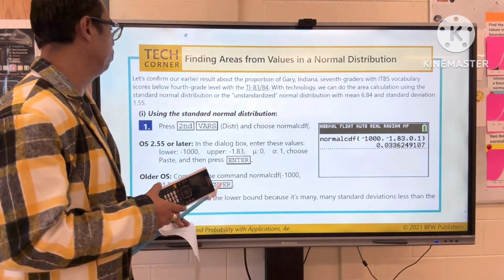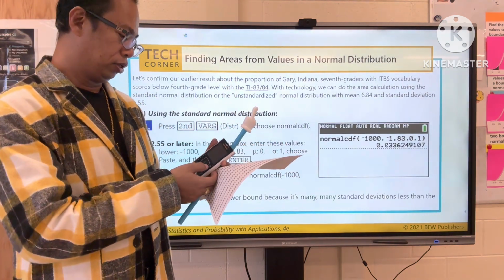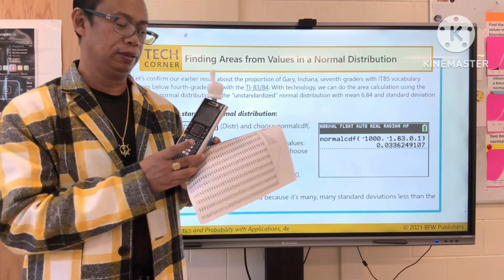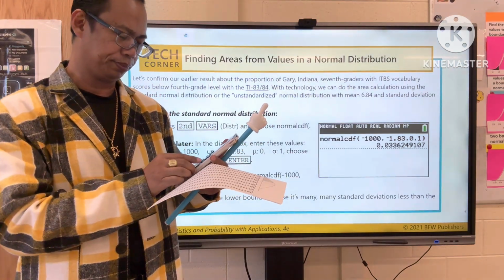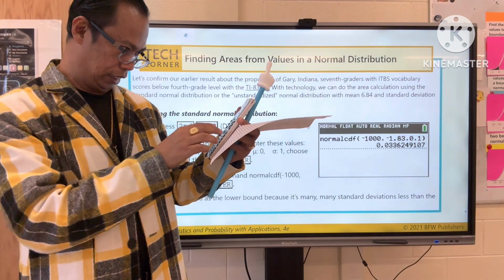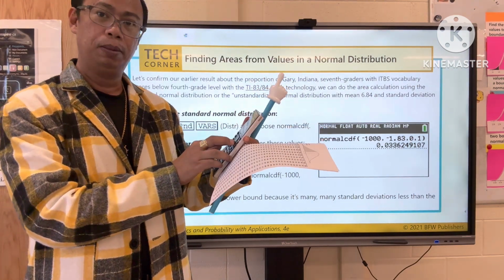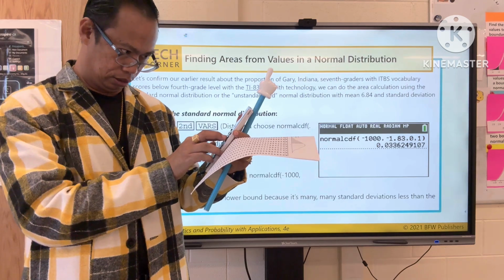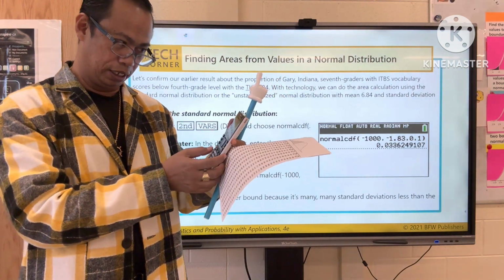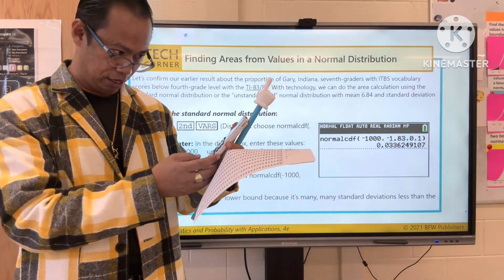So from the calculator, what you are going to do is, of course, you need to open your calculator first, and then go to the menu. Just press the menu, okay, and then go to probability, and then go to distribution, and then do the normal CDF.